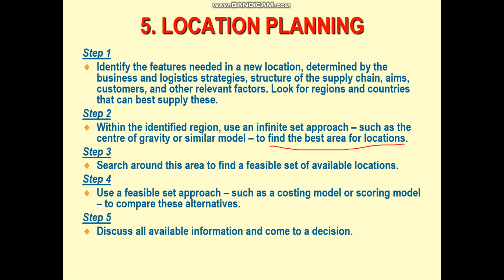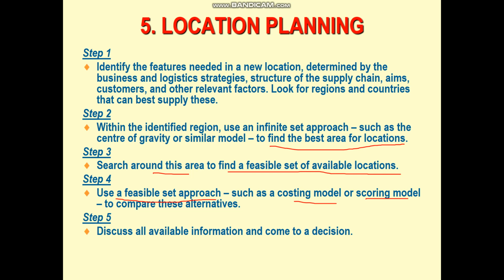Then after you find the best area for locations, you search around this area to find a feasible set of available locations. In the next step, you use the feasible set approach we learned before, such as a costing model or scoring model, and compare these alternatives.